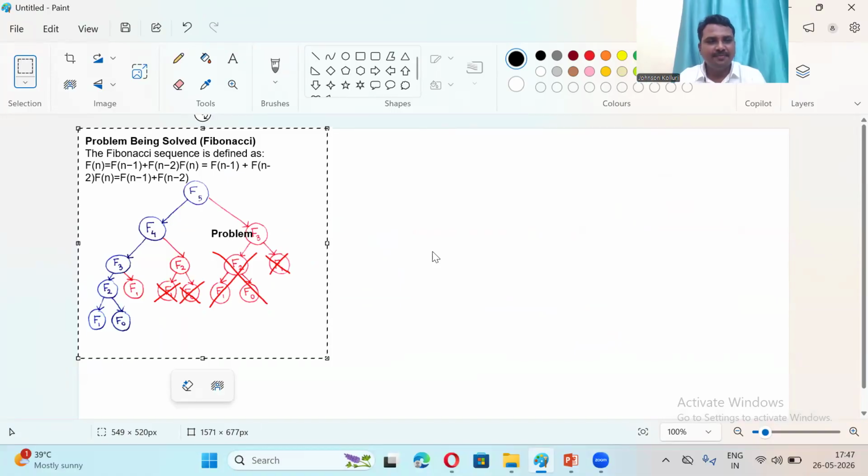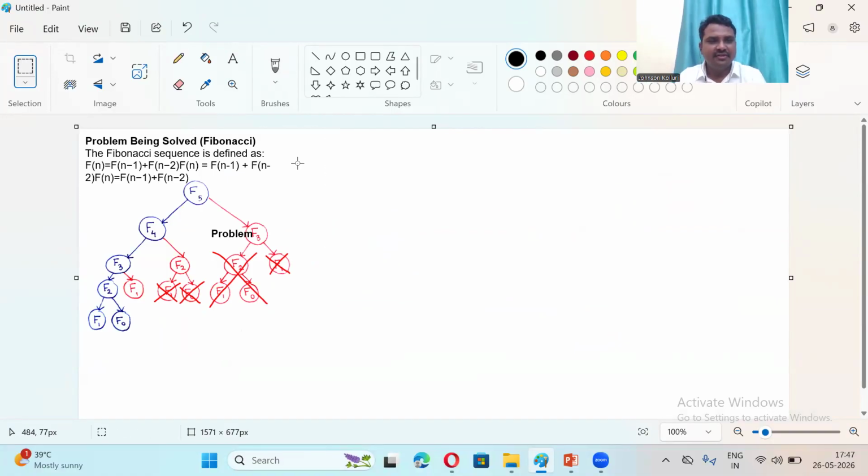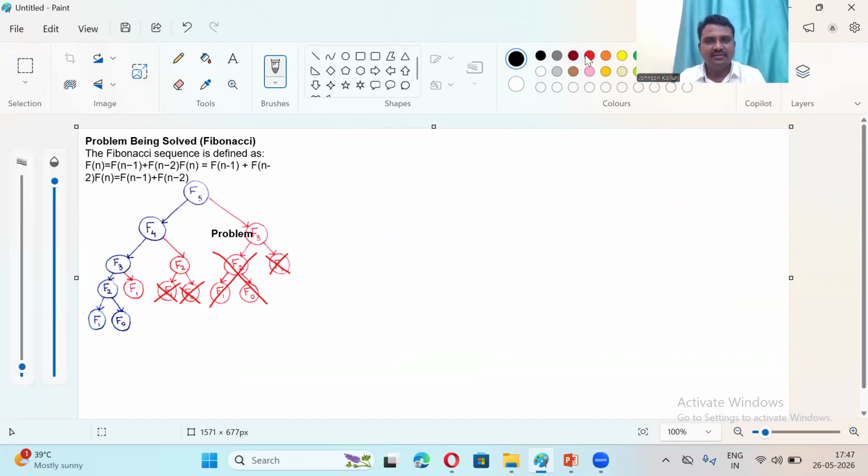Here is the Fibonacci sequence. Everyone knows the Fibonacci sequence. What is the Fibonacci sequence value? First we have the initial values, F0 and F1. The F0 value is 0. The F1 value is 1.